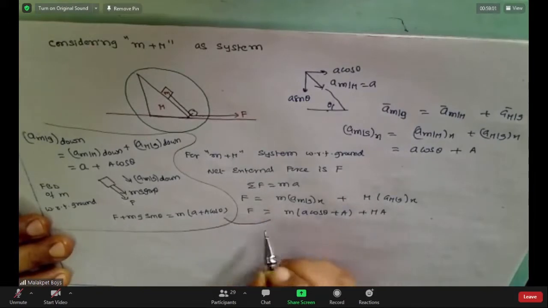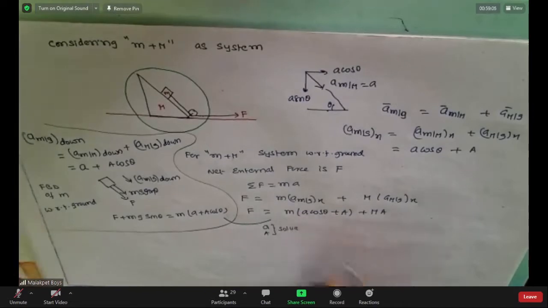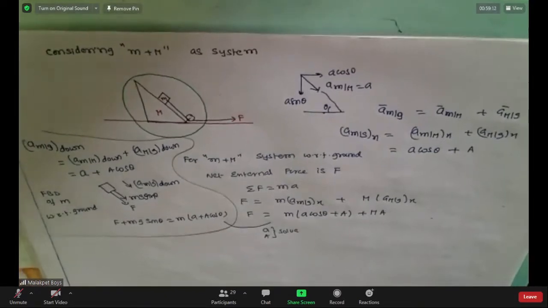Capital A and F, these two only. Now you can see different ways I tried to explain you, separately treating them as separate entities, one with respect to the other. After that, both as a system. Understood this? Yes, sir.